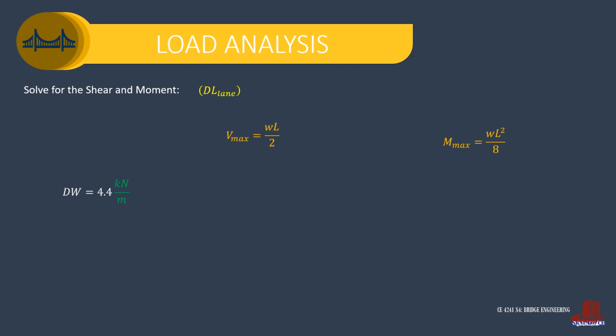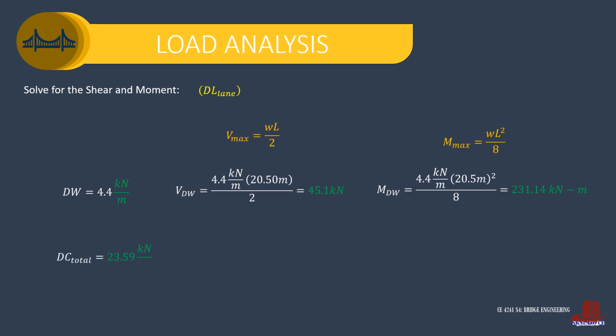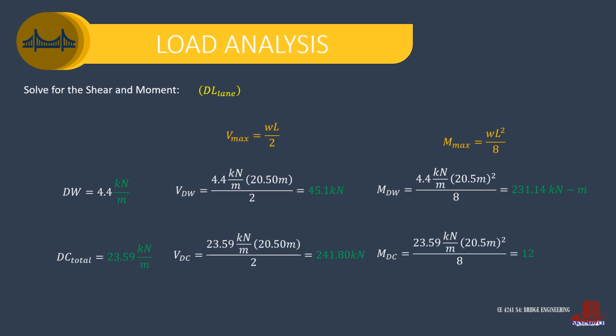With DW computed as 4.4 kilonewtons per meter, the shear is then 45.1 kilonewtons, and the moment is 231.14 kilonewton meters. For the dead load on the deck component, the shear turns out as 241.8 kilonewtons, and the moment is 1,239.21 kilonewton meters.